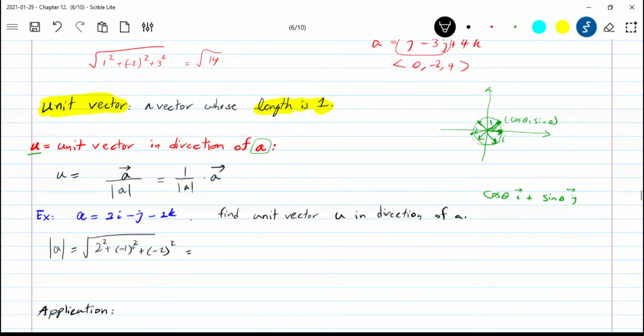What you get is 4, 1, and 4, which is 9, so this is simply 3.